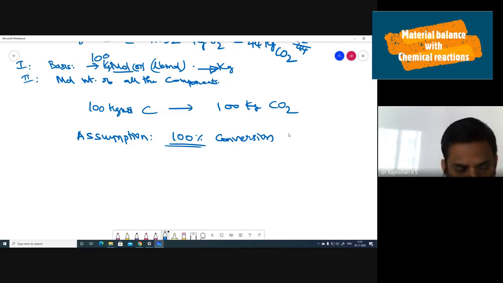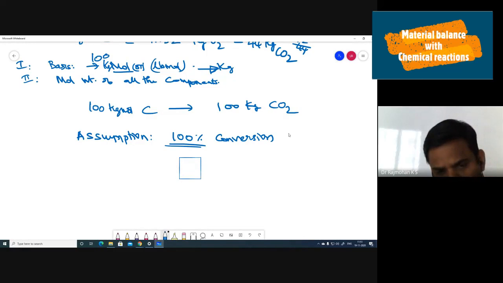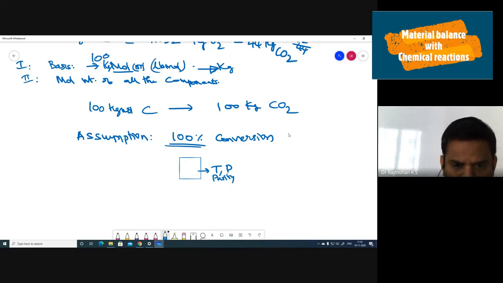But usually, because the reaction taking place also depends upon various parameters like temperature, pressure, purity, or even the presence of foreign materials, depending upon if it is a catalytic reaction, it may be the catalytic activity, effectiveness of the catalyst, efficiency of the catalyst, right?